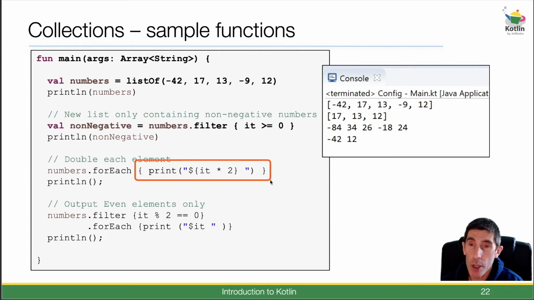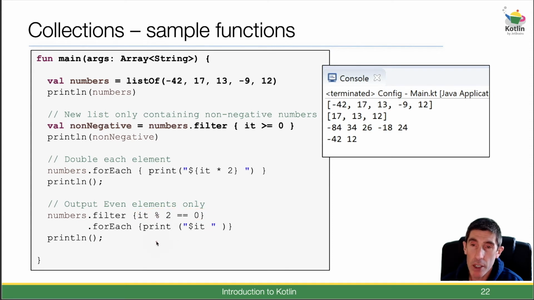Again, this time we're just going to print out using our dollar sign there, getting directly at the object itself. So we're evaluating whatever it references, and doubling it, so multiplying by 2, and that's what we get here. And finally, again, you may be familiar with this from Java, the modulus operator. So we can filter based on just the even numbers.